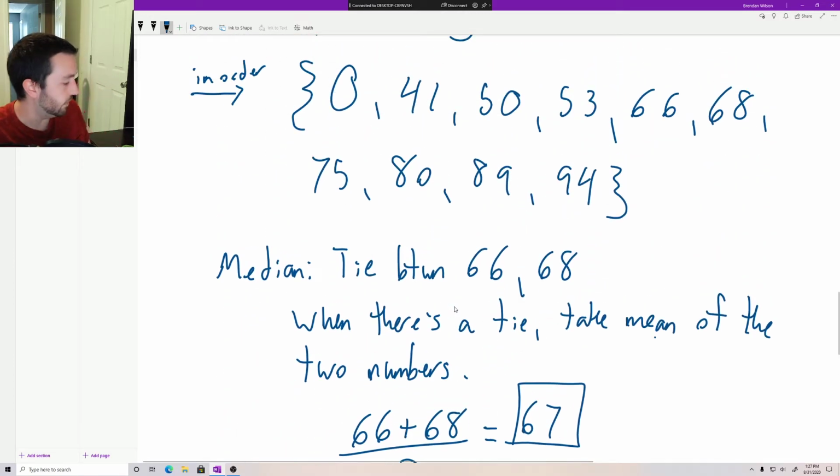So where's the first quartile? We want to know where's the point where 25% of our data is at or below this number. So we want to know about where 1/4 of the numbers are at or below this number.